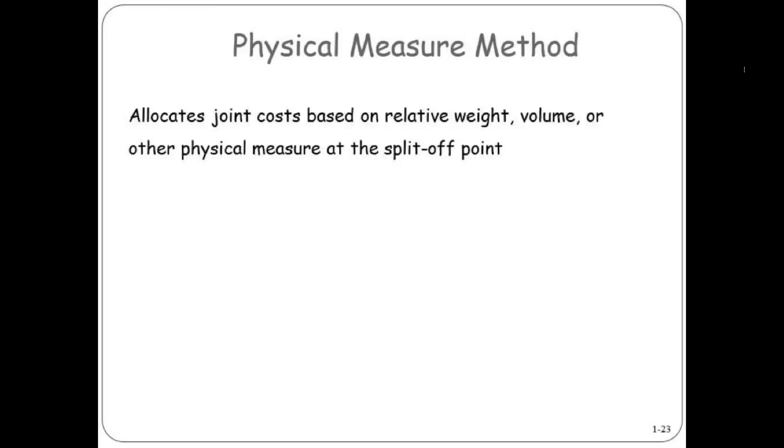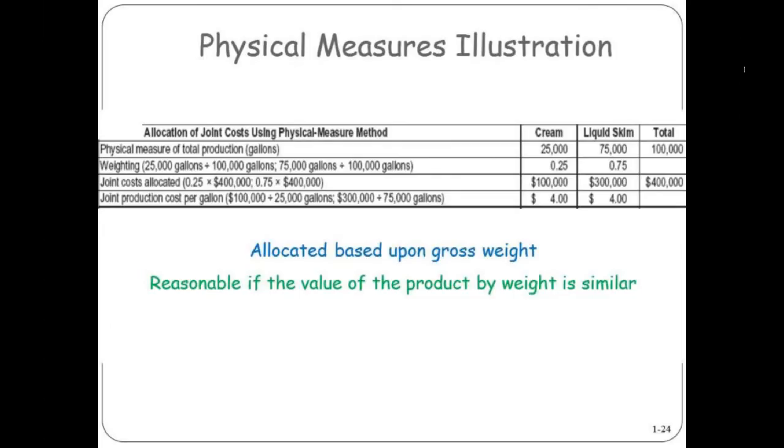This method only makes sense if the value at the end is approximately the same. So the milk example is good because everything's being produced in gallons. So you do have a viable product to do this with.